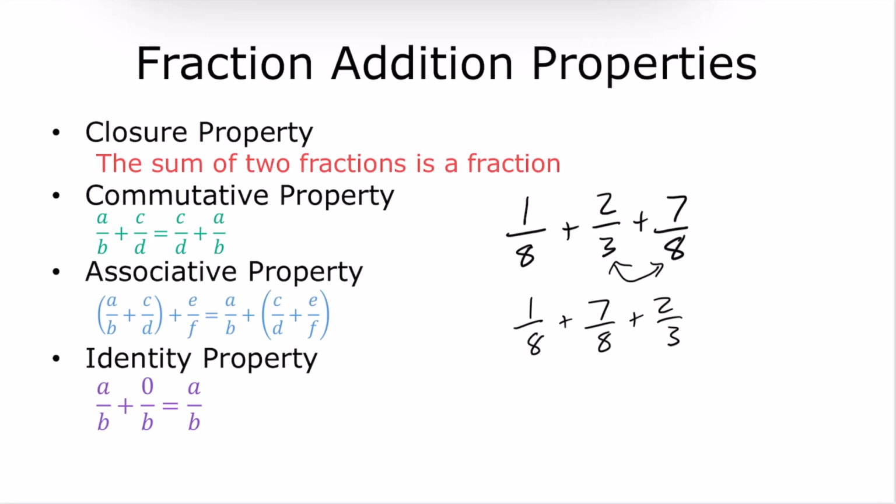It's the number 1. And so this would just equal 1 2/3. And so that would make it so you don't even have to find common denominators between 3 and 8, because these two fractions added together to be a whole number.